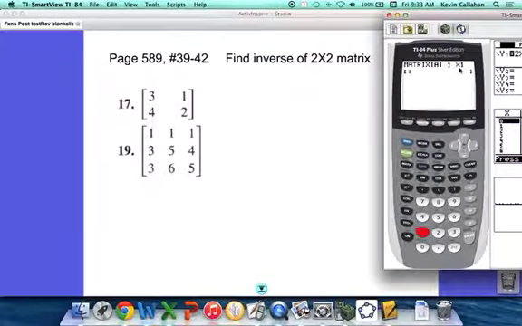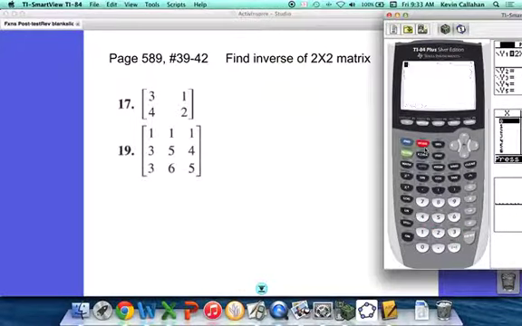Okay, what is it asking for at the top? The number of rows times the number of columns, right? 2 by 2. Okay, now put those numbers in. 3, enter. 1, enter. 4, enter. 2, enter.